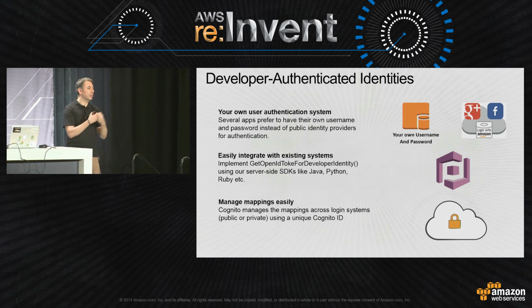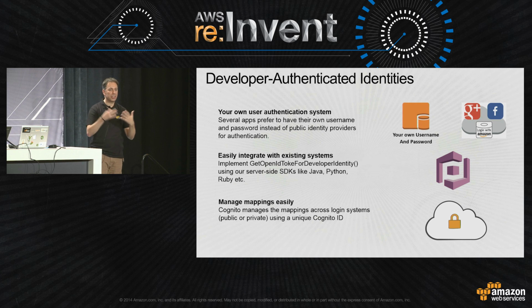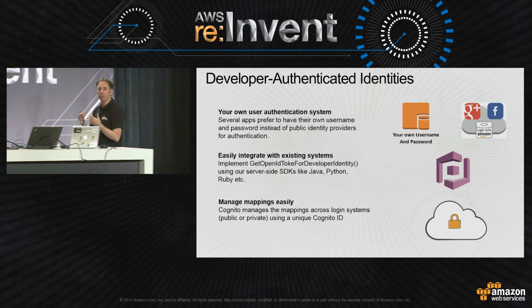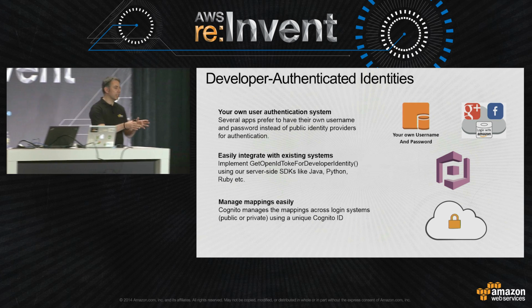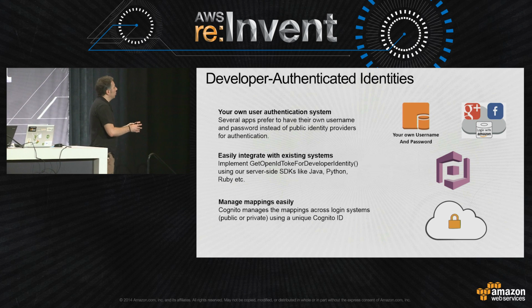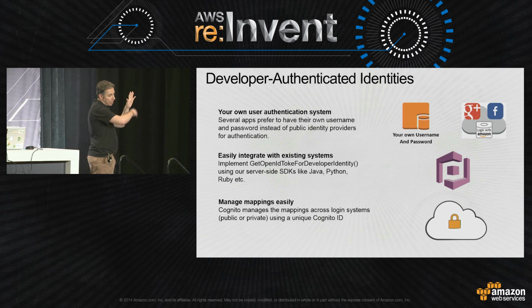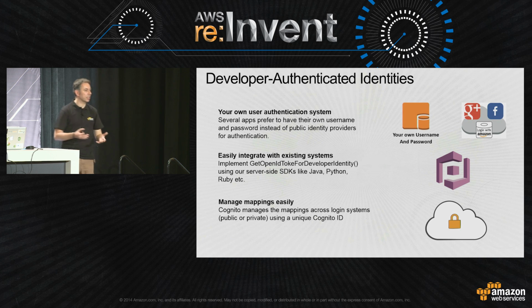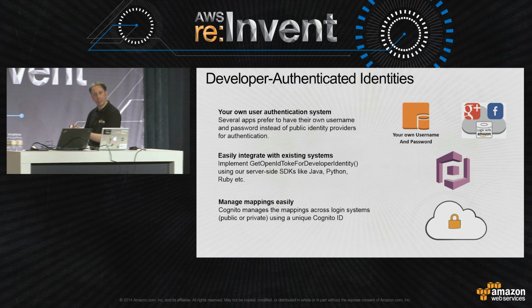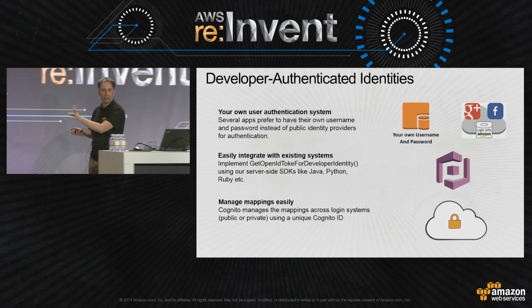So you do your own authentication based on your own database, your own directory server, your own repository. If you check that the login is successful, you ask Cognito server-side, so with a server-based authentication, usually using an EC2 role here, to get an OpenID token. And then you give this token back to the user together with a successful login. So you say to the user, you have been authenticated, and this is your OpenID token.